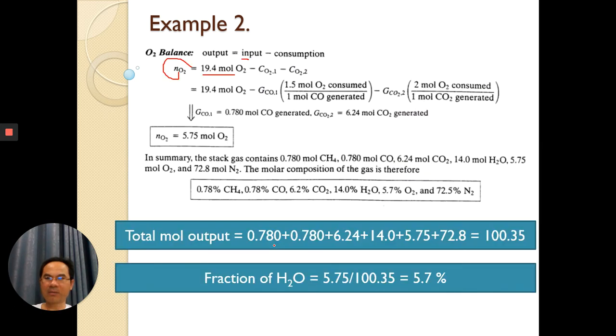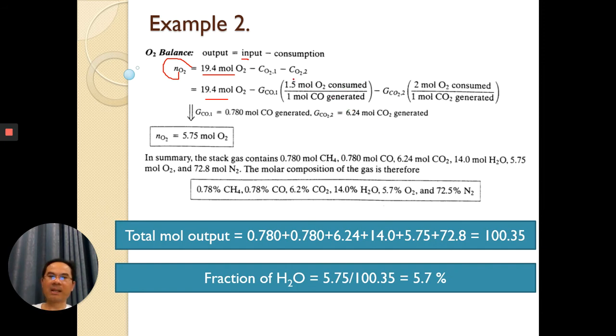Minus consumption of oxygen from the first reaction, equal to generation of CO from reaction 1 multiplied by 1.5 mole oxygen consumed per 1 mole CO generated.